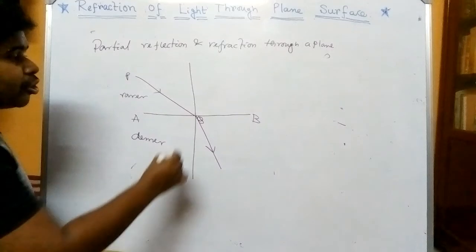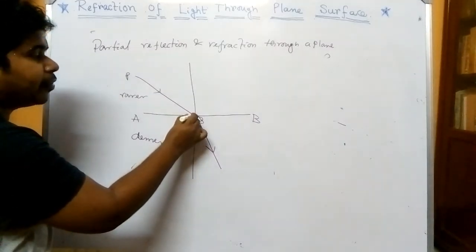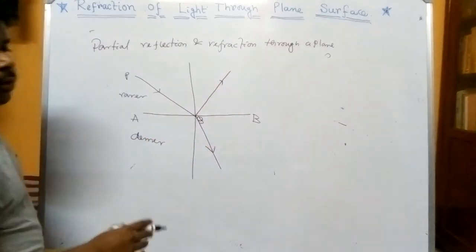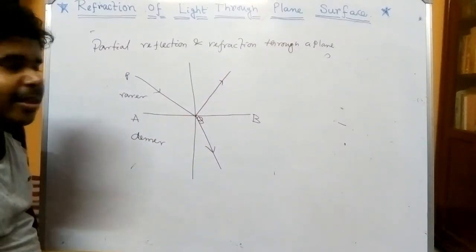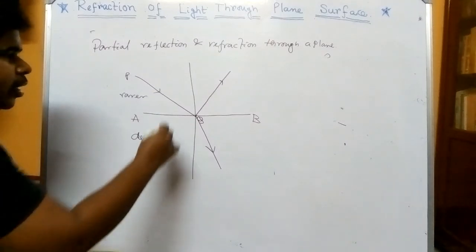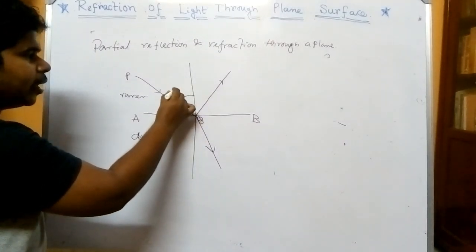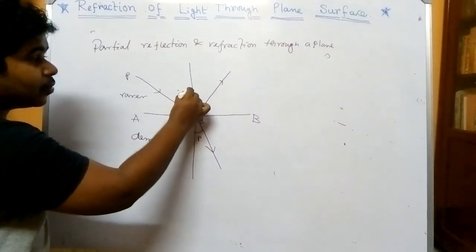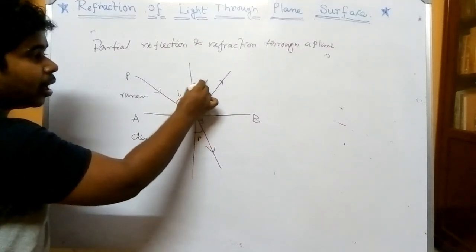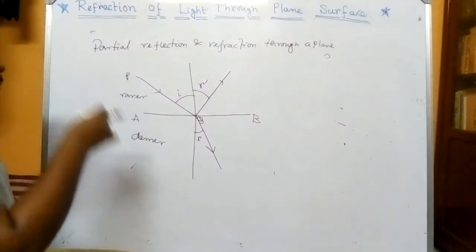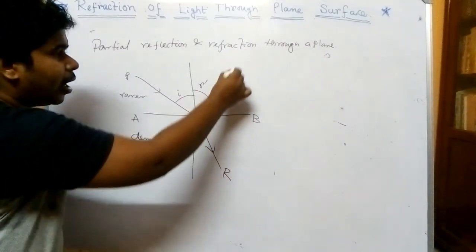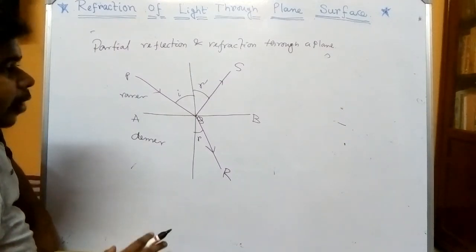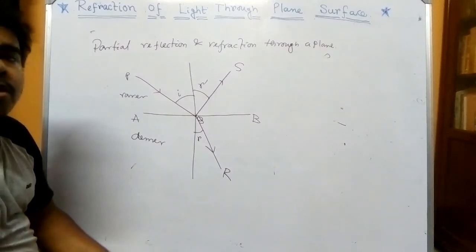But some portion of light can be reflected from the surface of separation between the two mediums, that is AB. So if this is the angle of incidence i, this is the angle of refraction r, and this one is the angle of reflection, which we can denote by r dash. So it is PQR and this is S. So together refraction and reflection is possible.